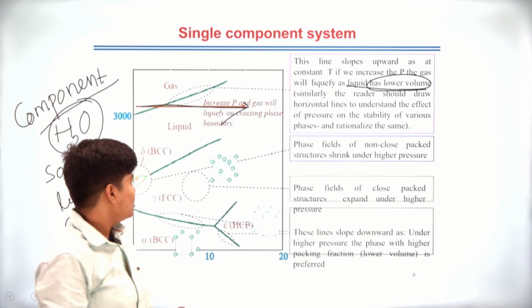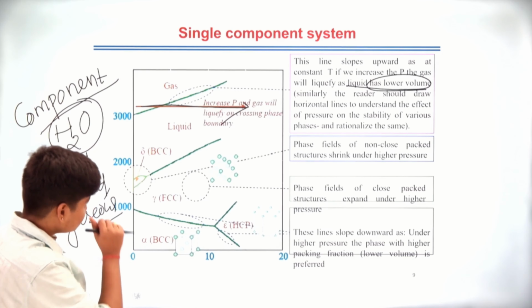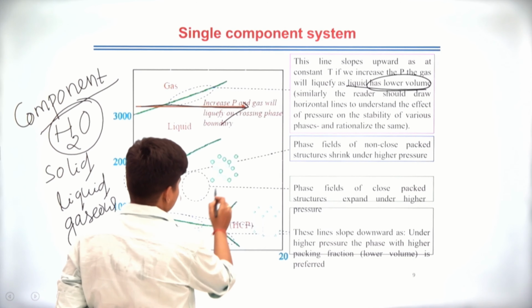Then in the second graph we can see the phases. Let it be the FCC structure.